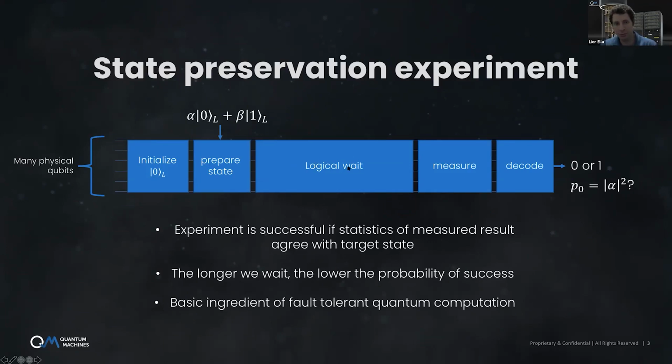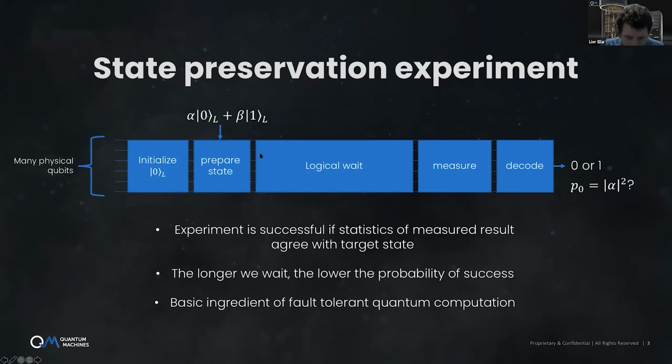Then we're just going to wait in the logical space, meaning we're going to do a logical identity operation. Then we're going to measure the state and do a decoding operation in order to understand what we actually measured. This decoder is going to give us either 0 or 1, and the probability of getting 0 or 1, if we were successful, should correspond to this alpha absolute value squared, meaning the distribution that we intended to get with the state.